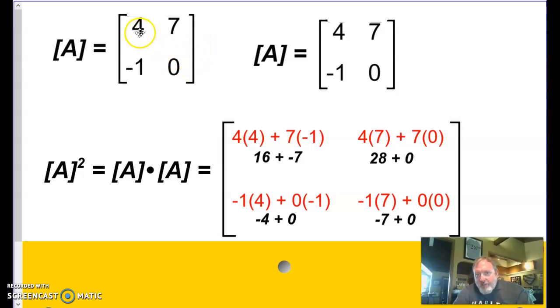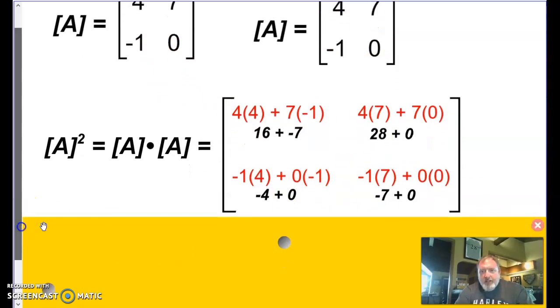What you're doing is taking matrix A times matrix A. So we still have to go row times column. So 4 times 4, 7 times -1, 4 times 7, 7 times 0. Then we do the second row, -1 times 4, 0 times -1, and then second row, second column right here.